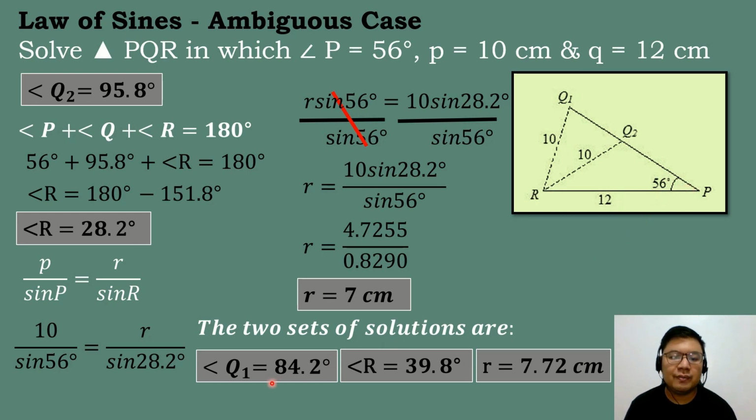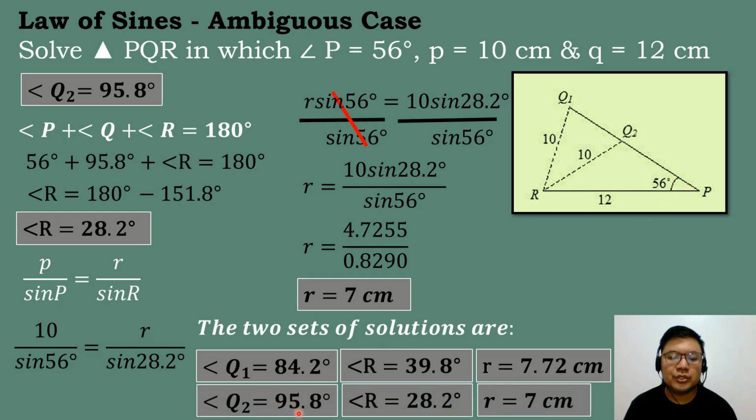For the second set of solutions, angle Q sub 2 is equal to 95.8 degrees, the measure of angle R is equal to 28.2 degrees, and the measure of this side is equal to 7 centimeters.